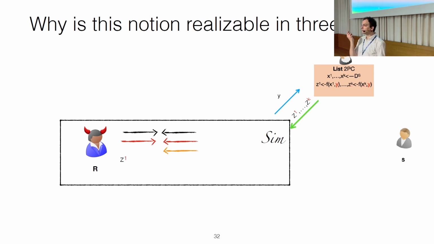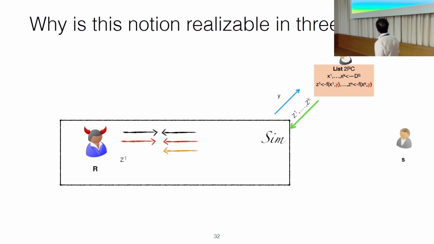But that's not true, because the receiver now may not like Z1. He was very happy when he interacted the first time with the simulator and got some output, maybe because he only likes outputs that end with 0, and Z1 doesn't end with 0. So it's completely normal now for the receiver to say, I don't like this one, I abort. And usually this is bad for simulation.